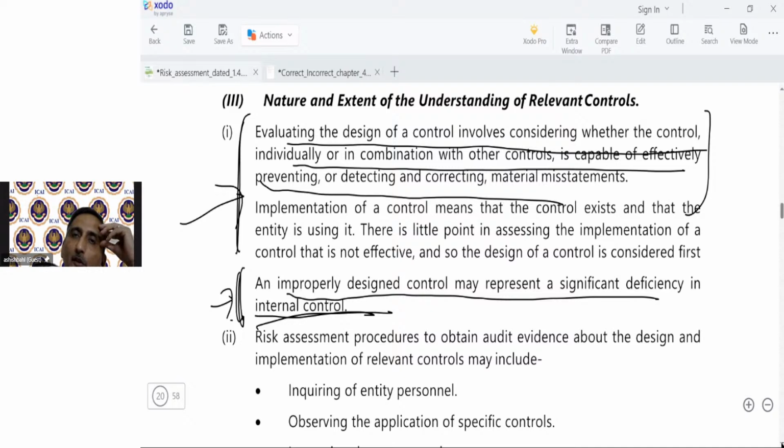Say the management has devised a control. Say we are talking about a manufacturing company. It has, say, 10 plants in the country. Assume 10 plants are there.